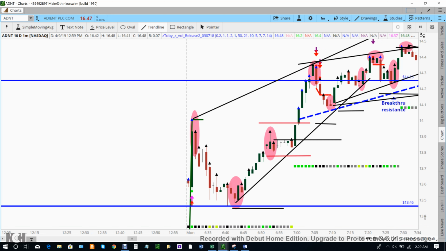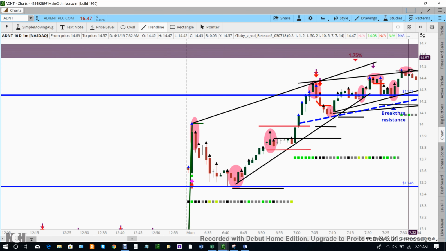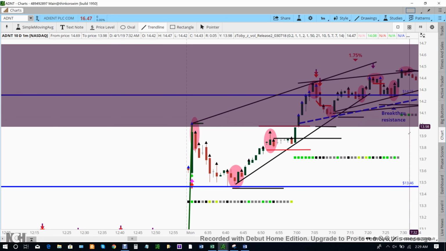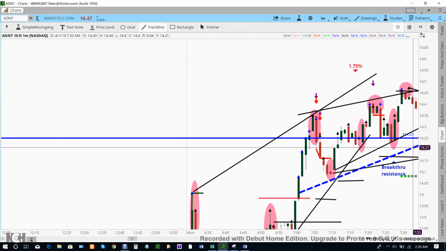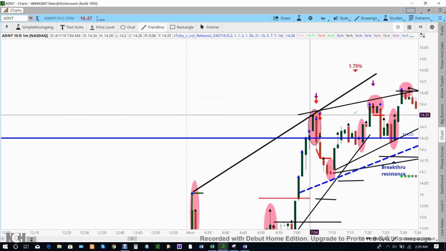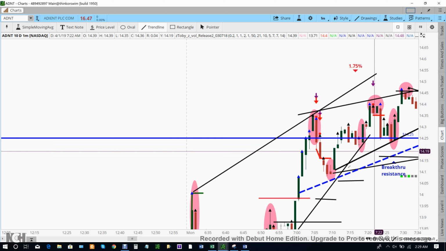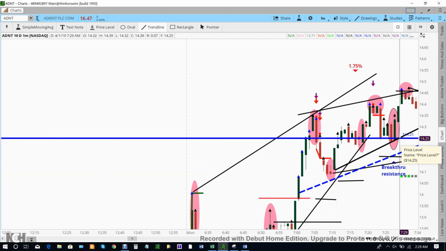Okay, so I have to kind of resize this a little bit. Much better. All right, so we've got our top diagonal resistance line and our bottom diagonal support line now. We can draw the lines going from here to here.